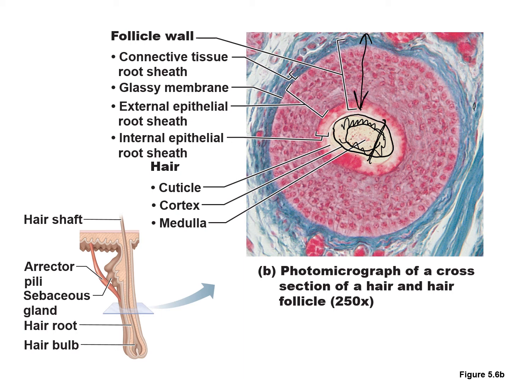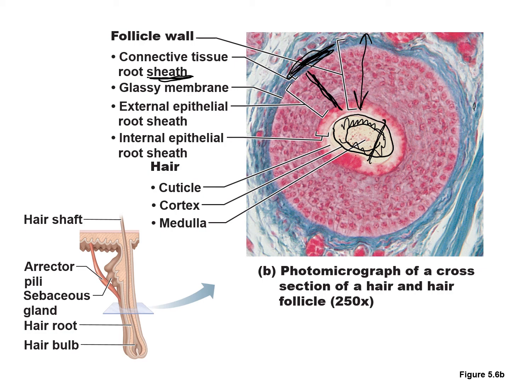And the follicular wall has two sheaths. So here's the word, sheath. We have the connective tissue sheath, and it's shown here in bluish color, like this one. And then everything in a pinkish color, from this point up to this point, is the epithelial tissue root sheath.